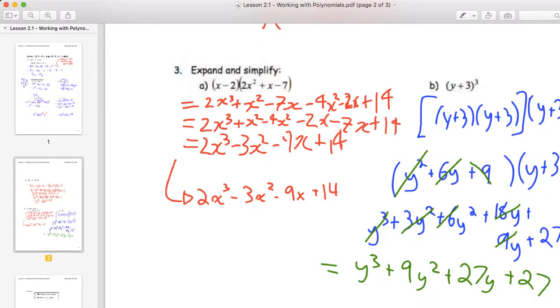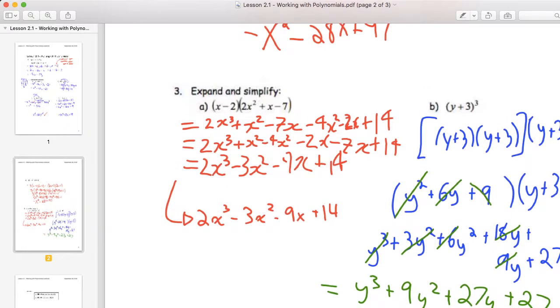All right, after this, in question 3, we have something even more complicated. We have a binomial multiplied by a trinomial. So in this case, we can't exactly use FOIL anymore, but we can still use the same idea of FOIL, and that is that everything in the first bracket is going to be multiplied by everything in the second bracket.